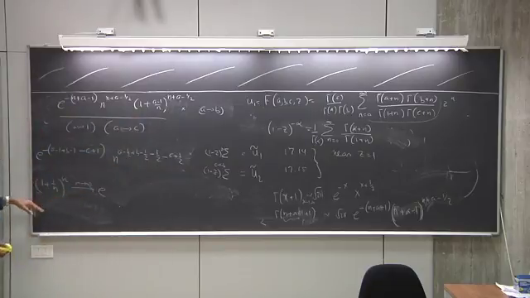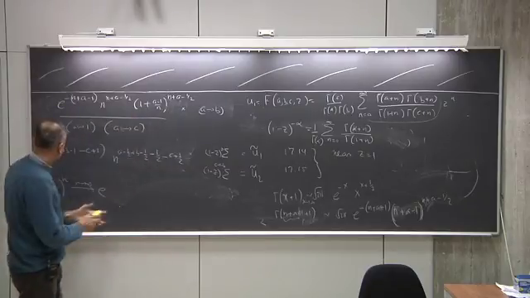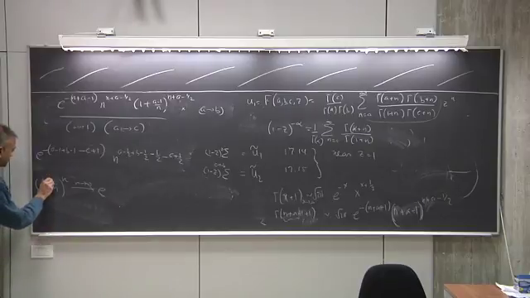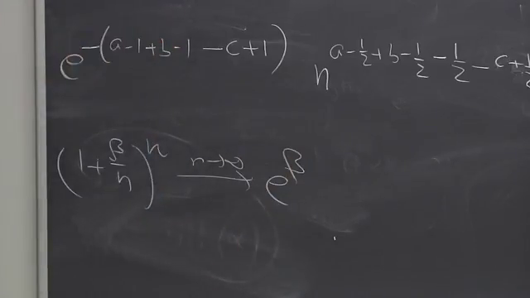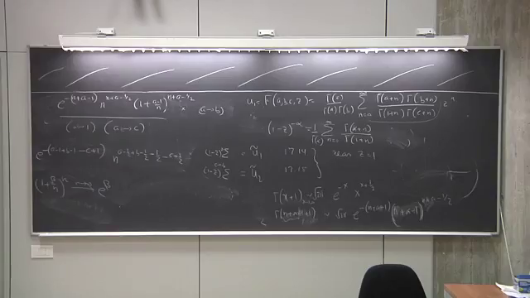In general, if you have 1 plus beta divided by n to the power n, this goes to e to the beta. How will one see that? I think you can just take log on both sides. Log of this side will be n log of 1 plus beta over n, right?